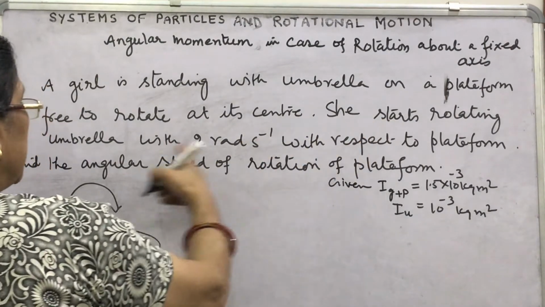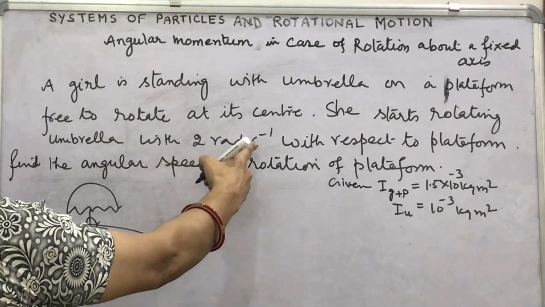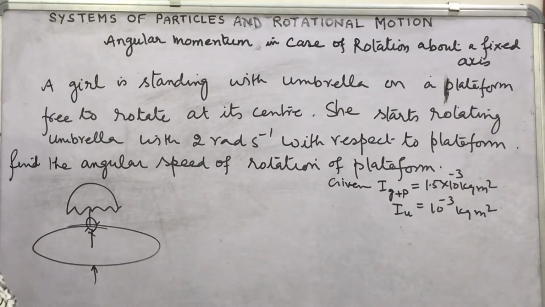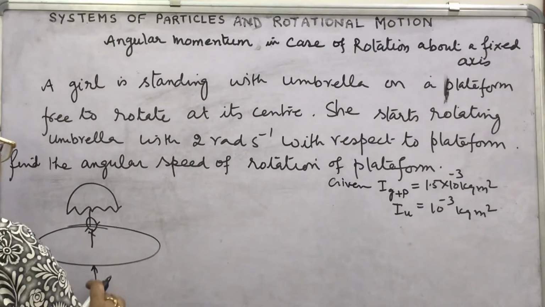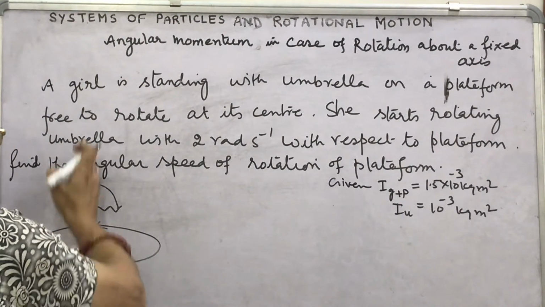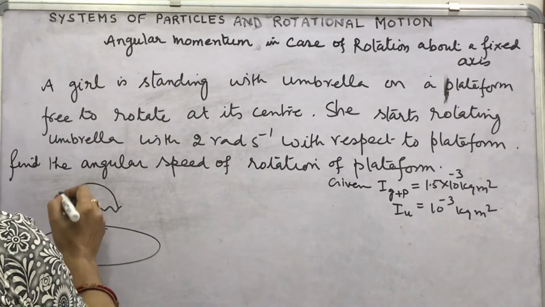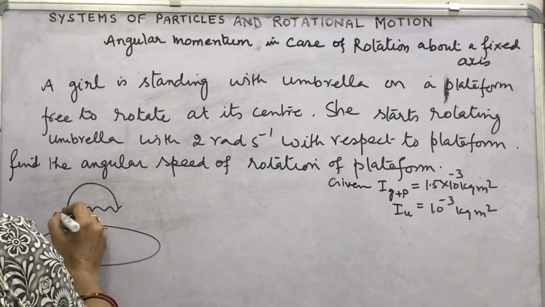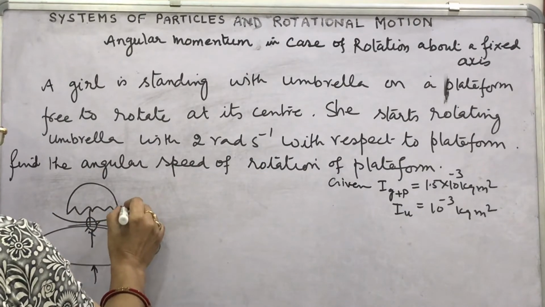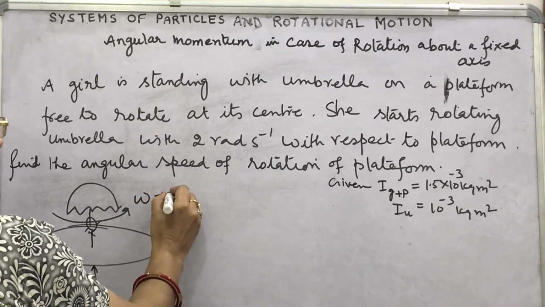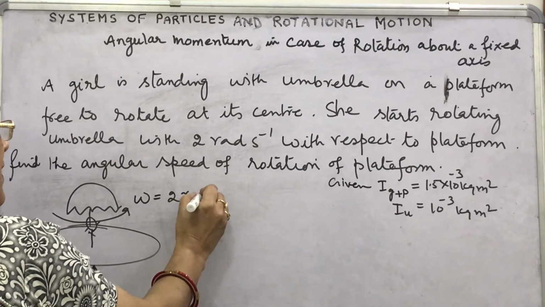She starts rotating the umbrella with 2 radian per second with respect to the platform. Look, this platform is rotating about its center. This is the axis, and the girl having the umbrella starts rotating the umbrella, suppose in this way, with an angular speed of 2 radian per second.